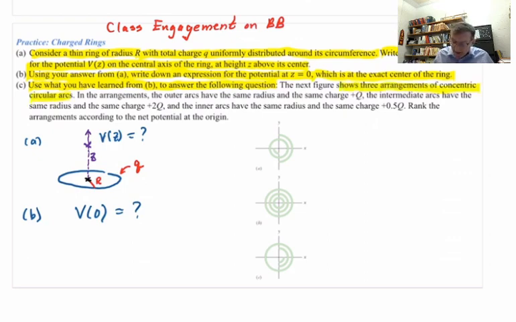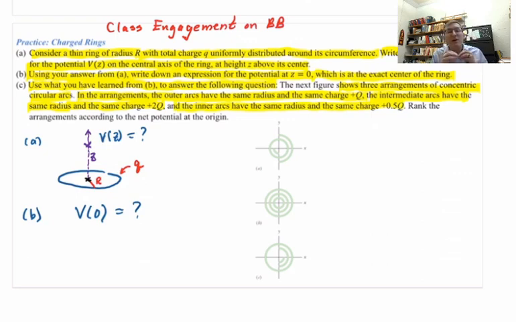They might be complete rings, they might only be part of a ring, but they're all circular arcs. In the arrangements, the outer arcs all have the same radius and the same charge plus q. The intermediate arcs have the same radius and the same charge, plus 2q. And the inner arcs have the same radius and the same charge, plus 0.5q.